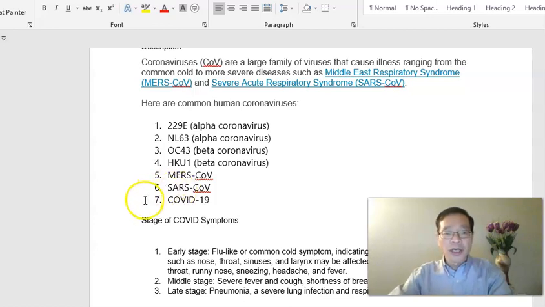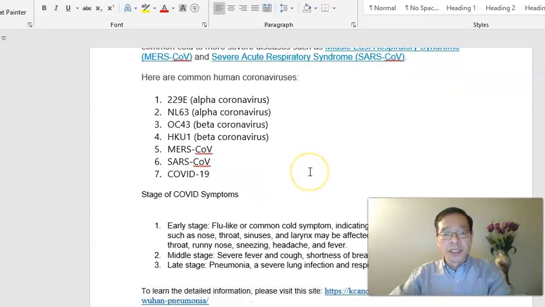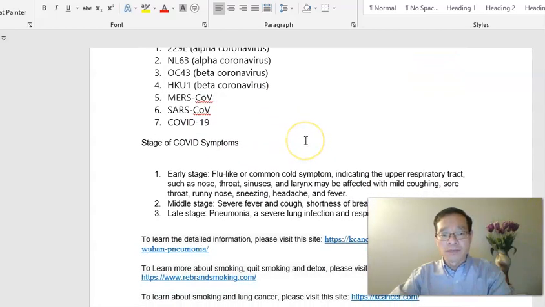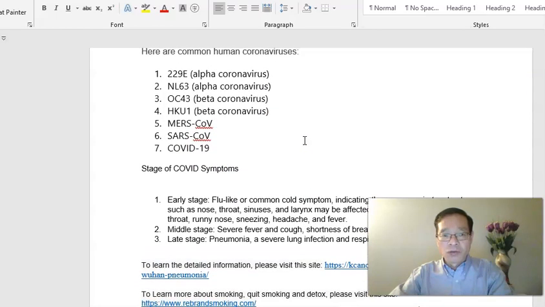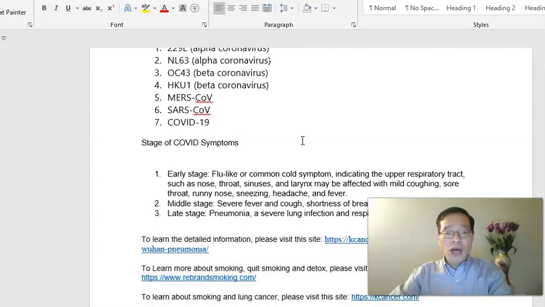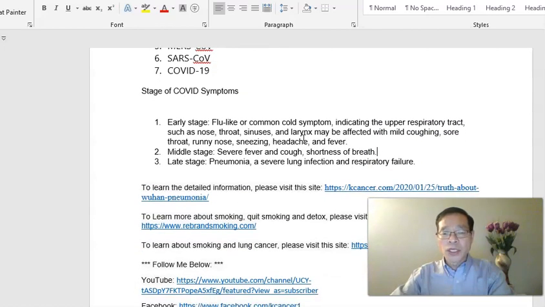And the focus today is COVID-19. Of course, this virus has the potential to cause a common cold, but it also gains the capacity to replicate in the lungs. This virus may cause 3 different stages of symptoms: early stage, middle stage, and later stage.